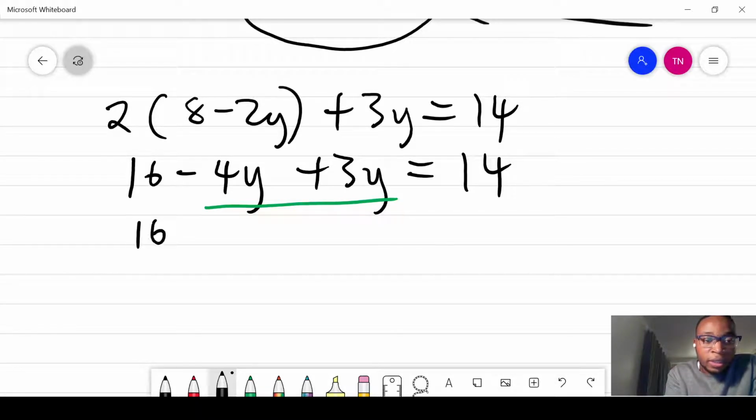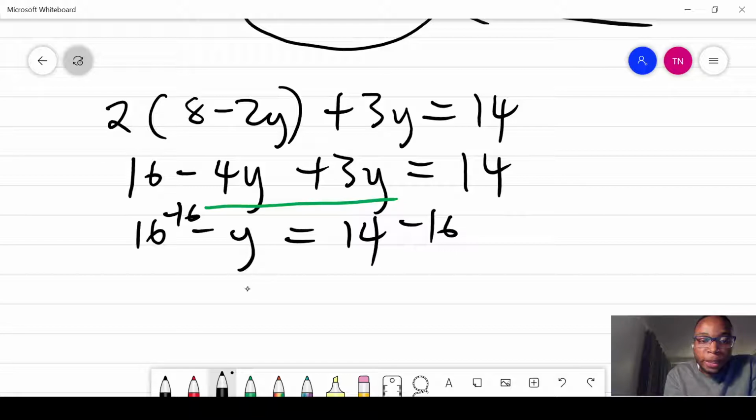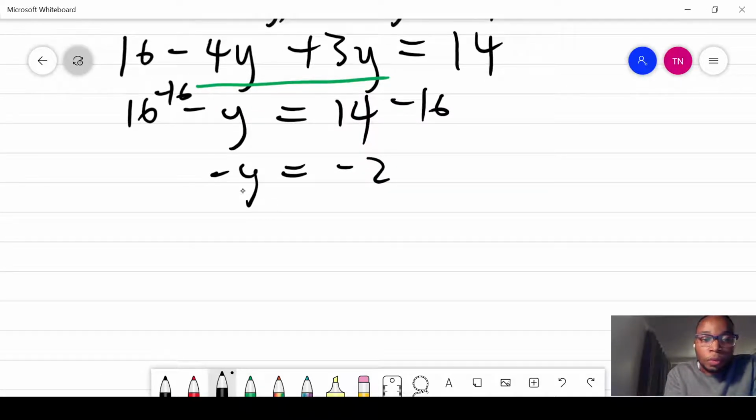So now we have 16 minus 4y plus 3y, which gives you minus y, equals 14. So we just subtract 16 from both sides. So minus y equals minus 2. The negatives cancel each other, so y equals 2.